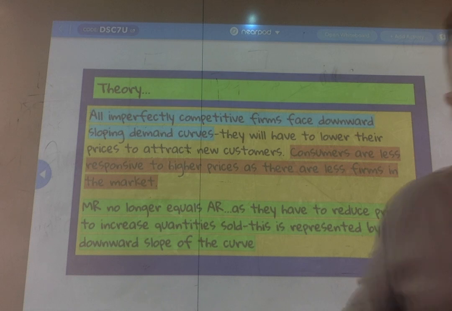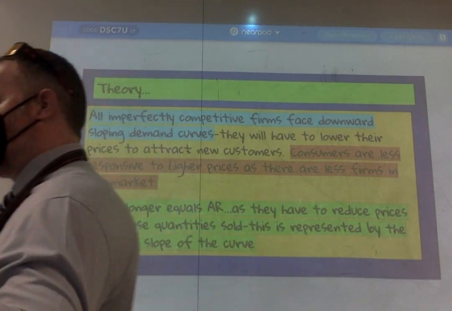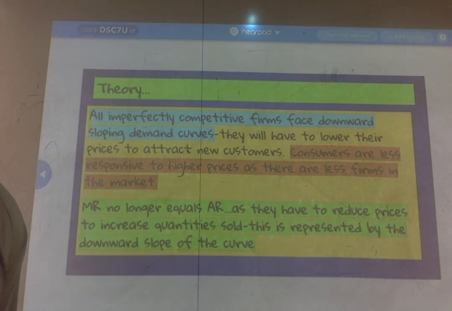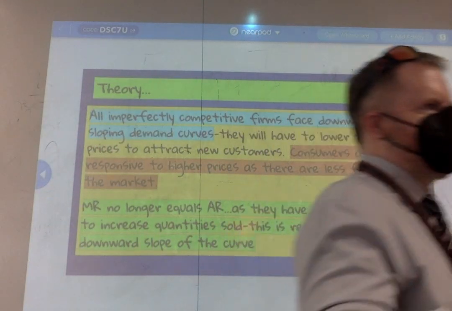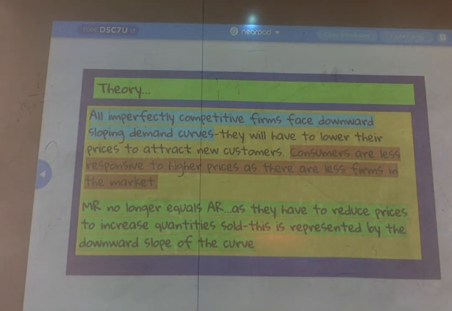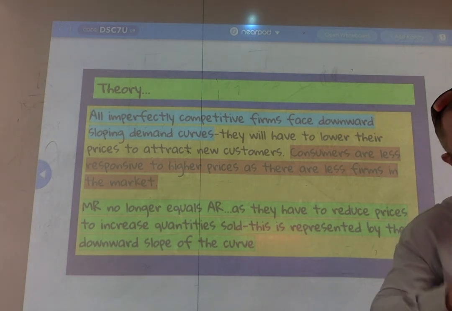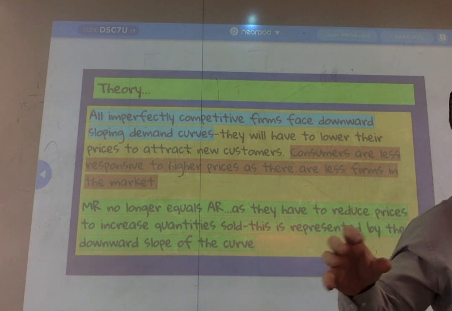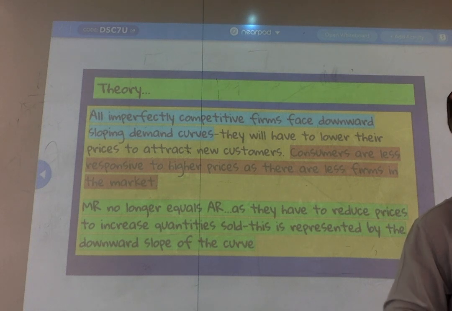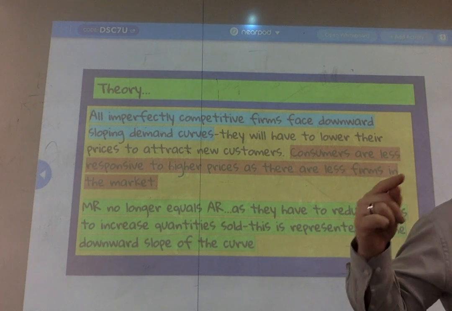So, because we're an imperfectly competitive firm, your average revenue and your marginal revenue now do not equal each other. Reason why, as we said, was because you had to reduce your prices in order to increase the quantities that are sold.